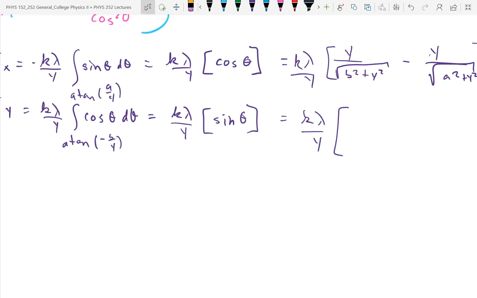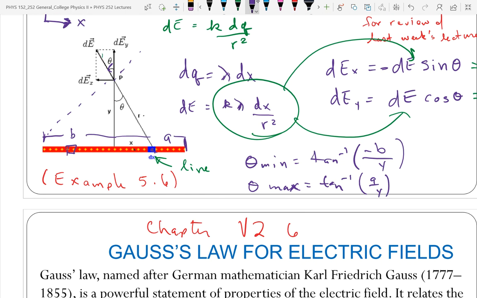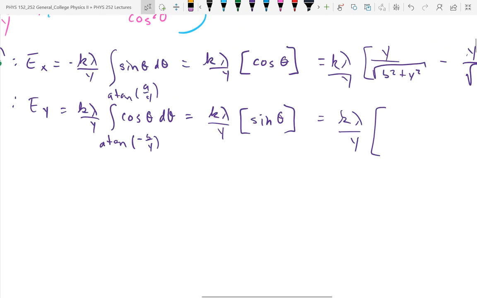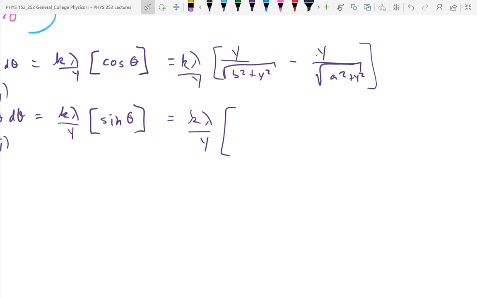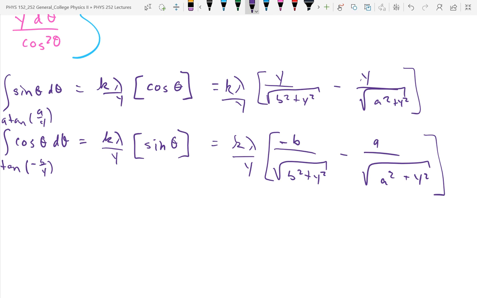And the sine is going to go from, for the minimum angle, it was minus b over, so have something like that.